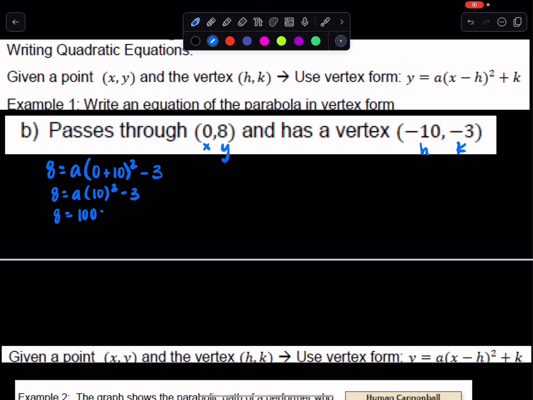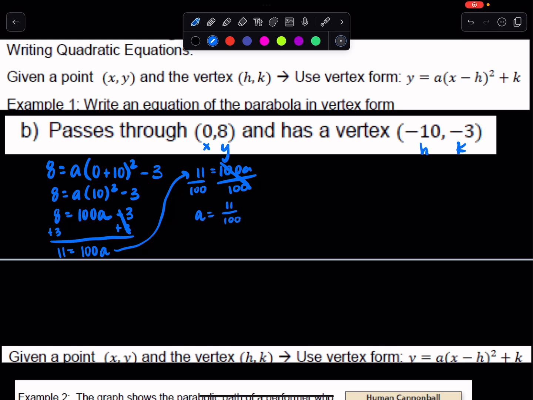That's 100a, and then solve. So add 3. 8 plus 3 is 11. 11 equals 100a. Divide both sides by 100. And that can't be simplified, so a is just 11/100. So y equals a is 11/100 times (x minus h, so plus 10) squared, plus k, so minus 3.